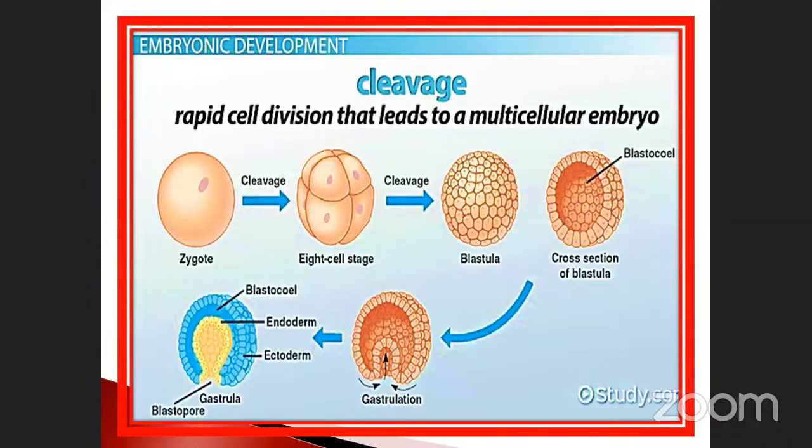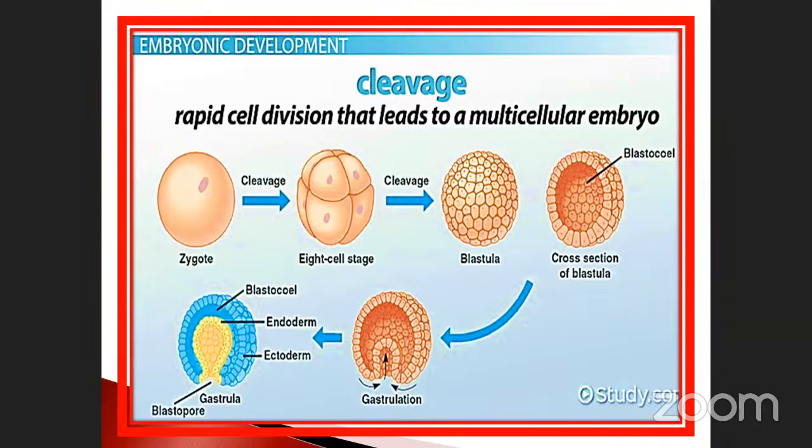Last class, we saw cleavage, isn't it? During this cleavage, what cell divisions occur? See here, the zygote is there. After the cleavage, it is converted into the 8 cell stage. Then a blastula and cross section of the blastula, and then gastrulation and gastrula. These are the changes that occur.